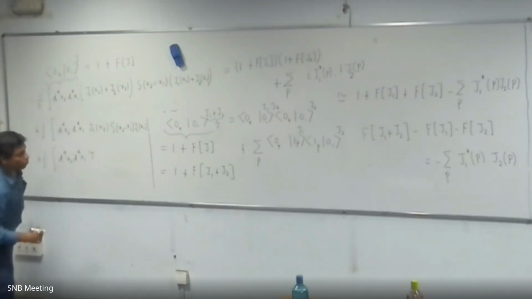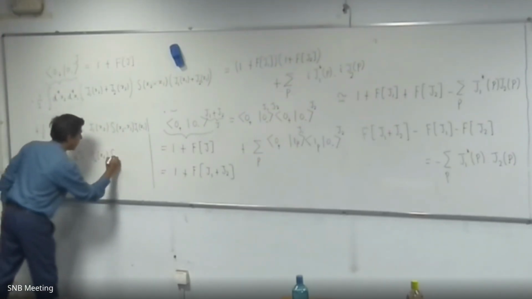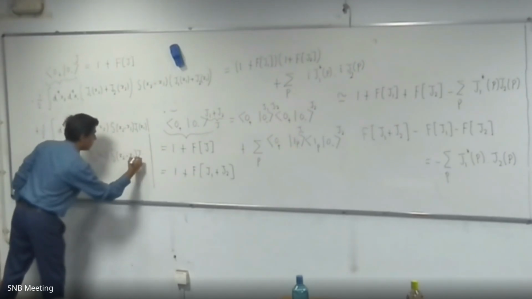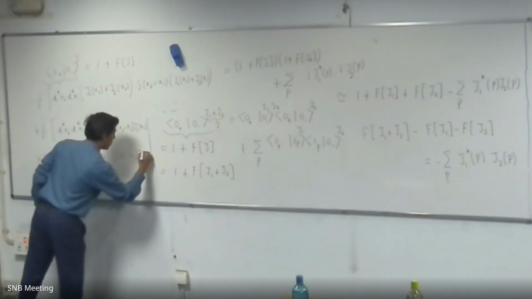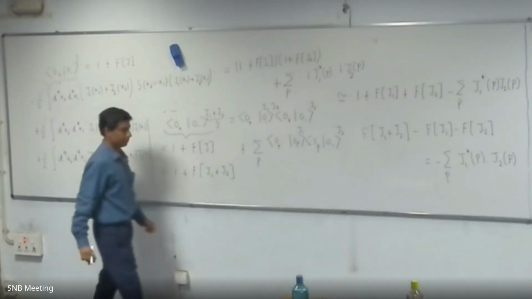That is what? J2, right? So J2 x2 S x2 minus x1 J2 x1. So this left hand side is completely done, right?